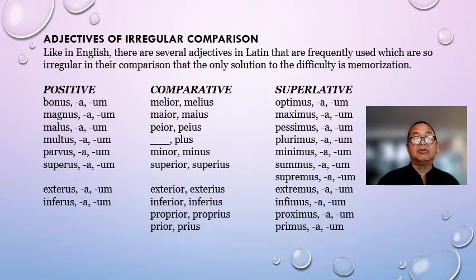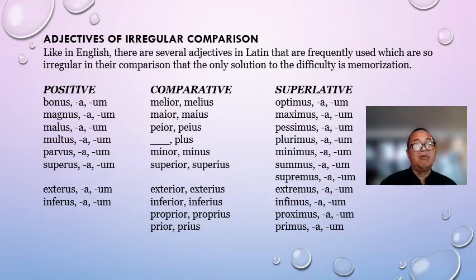You say good, better, best. Or you don't say bad, badder, baddest. No. Bad, worse, worst. So in Latin, I have listed here several adjectives with irregular comparison.